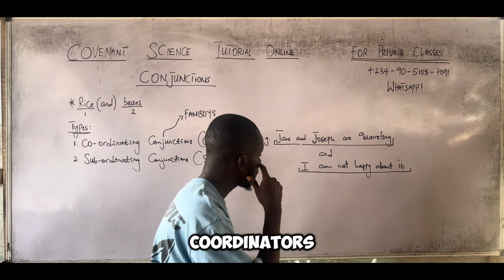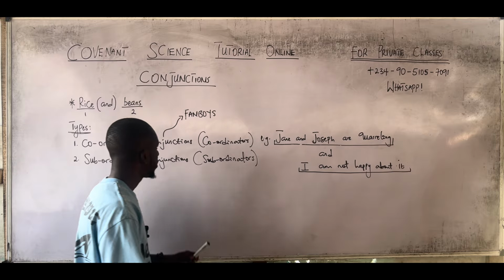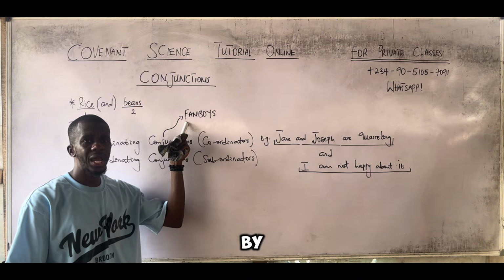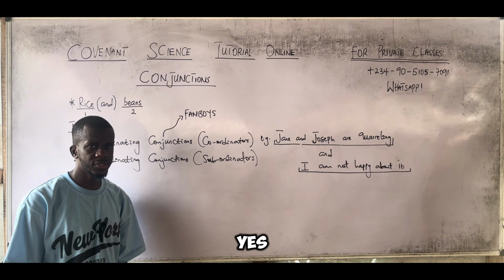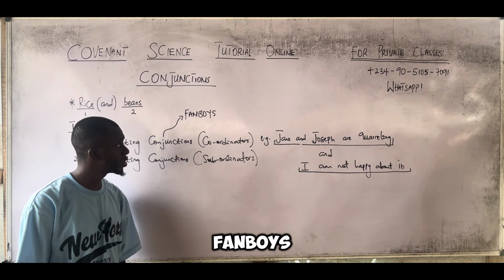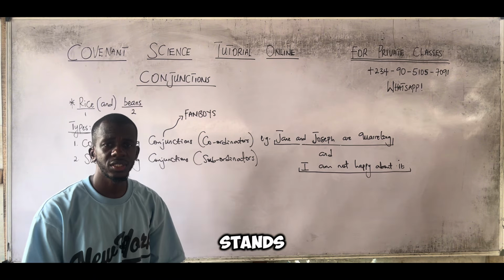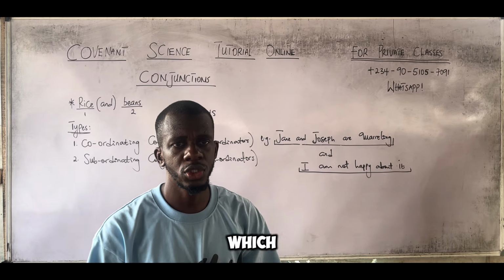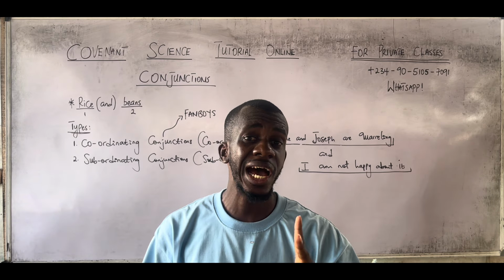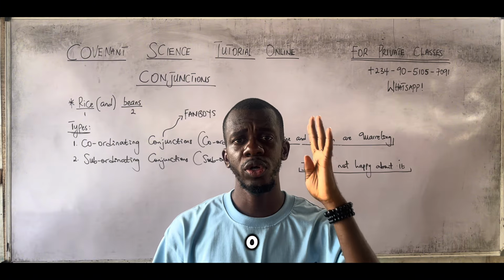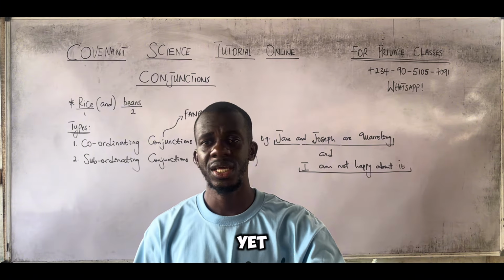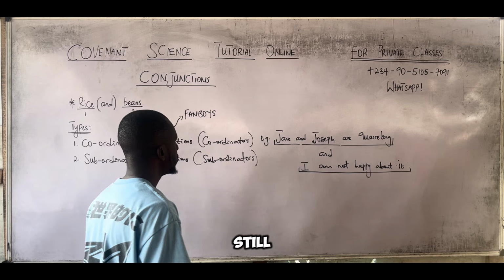Now, coordinators in the English language, we know them by an acronym known as FANBOYS. Yes, you heard that right, the FANBOYS. F stands for for, A is and, N is nor, B is but, O is or, Y is yet, and S is so.